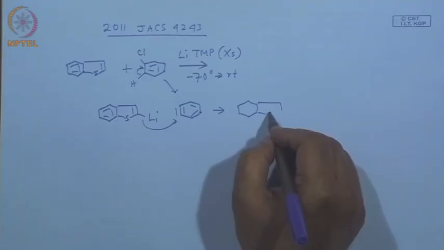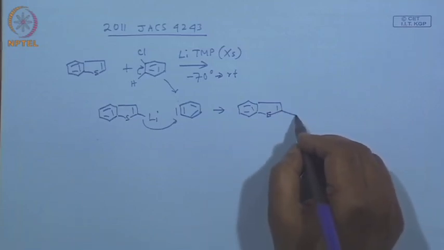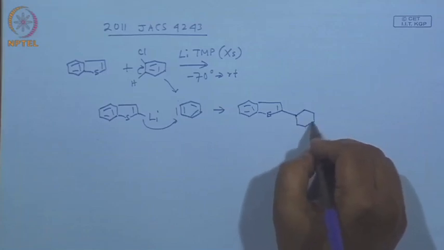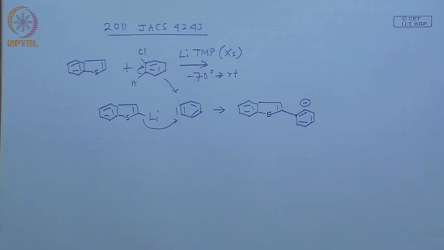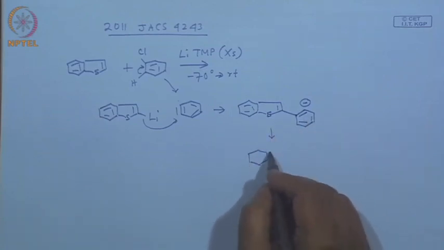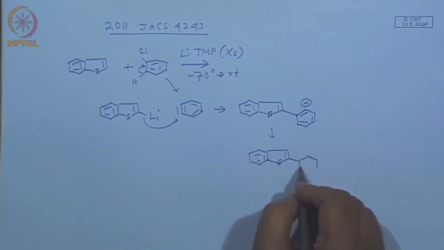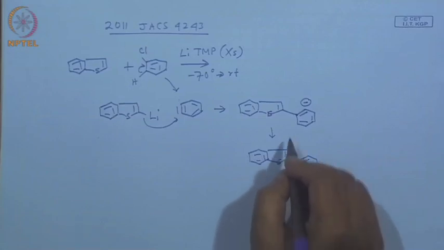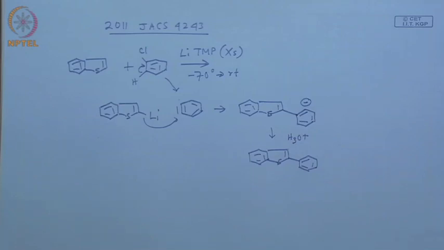And the reaction product would be this aromatic ring here, right. So, simple addition takes place, and eventually what will we get? On workup, you will get this. Fine.